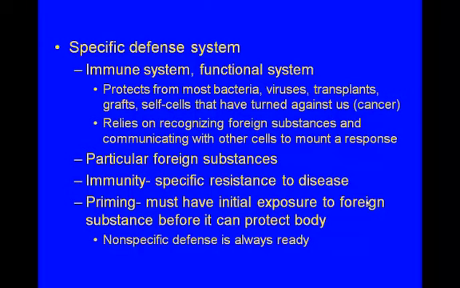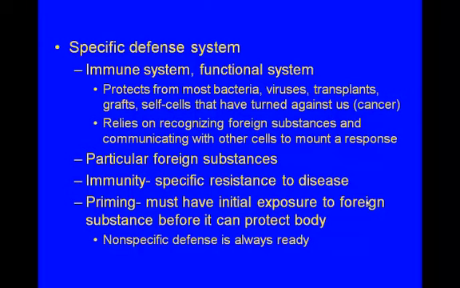Now remember, the second type is a specific defense. Here, this is more of a functional system. It helps protect from most bacteria, viruses, transplants, grafts, self cells that have turned against us, which happens with cancer and autoimmune diseases. And it relies on recognizing foreign substances and then communicating with other cells to mount an immune response.